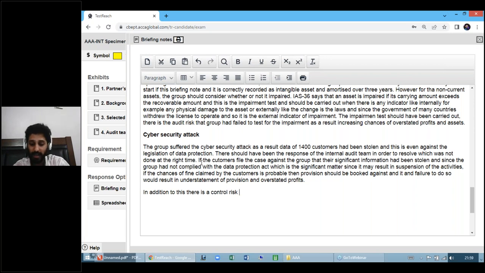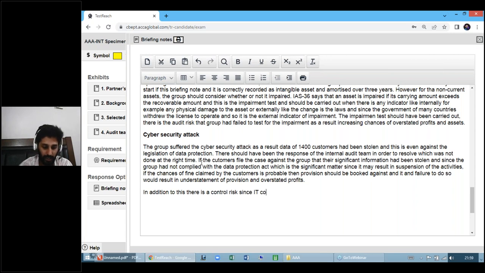If your data protection and control are poor, any financial figure like revenue can be over or understated, since the control is poorly designed and poorly managed here.